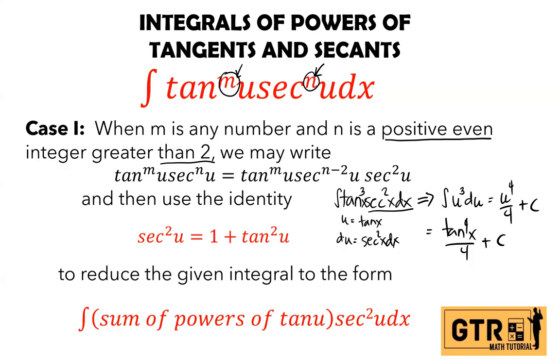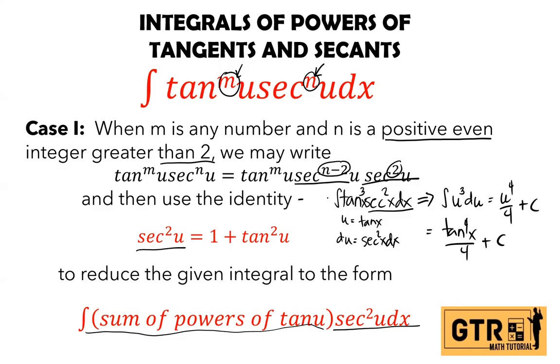And then we factor secant square, and the other will become secant to the n minus 2. Then we can use the identity secant square u equals 1 plus tangent square u. After using this identity, we reduce the given integral to the form: we factor secant square u dx, and the other is a sum of powers of tangent.